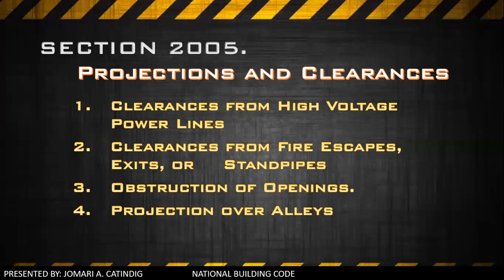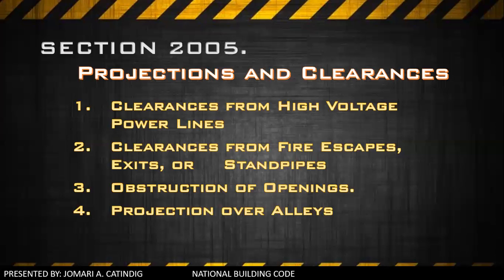So number 4, the last one, is the projection over alleys. No sign structure shall project into any public alley below a height of 3 meters above established sidewalk grade, nor project more than 300 millimeters where the sign structure is located 3 meters to 4.5 meters above established sidewalk grade.